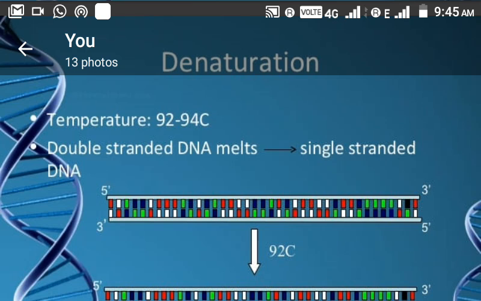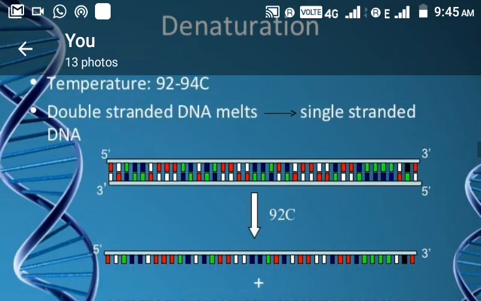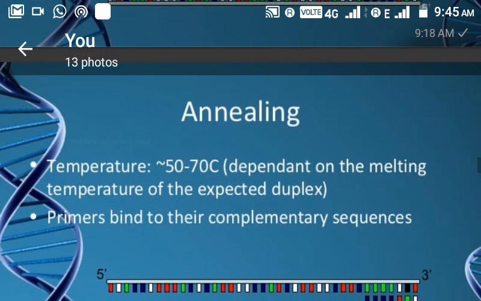As you all know, at a particular time and temperature these two strands get separated, that is known as denaturation, and for this purpose there is a particular temperature, that is 92 to 94 degrees.